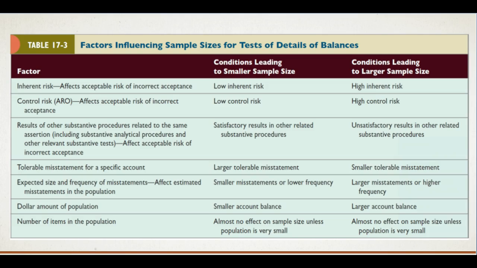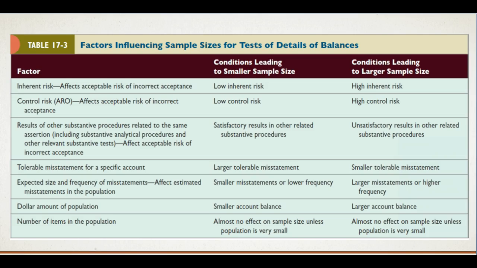For example, if inherent risk is assessed by the auditor as being low, then the auditor would consider a smaller sample size from the population of account balances being tested. If inherent risk is assessed as being high by the auditor, then a larger sample size will be used by the auditor for the audit.